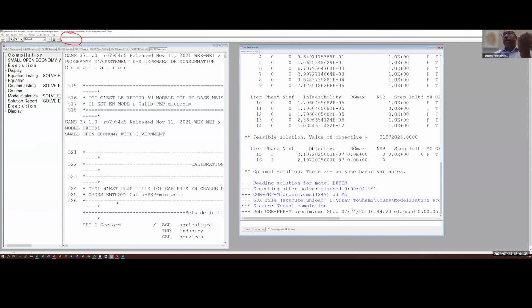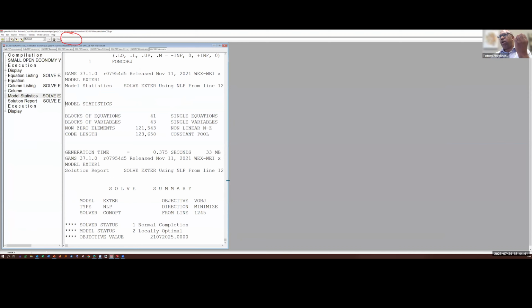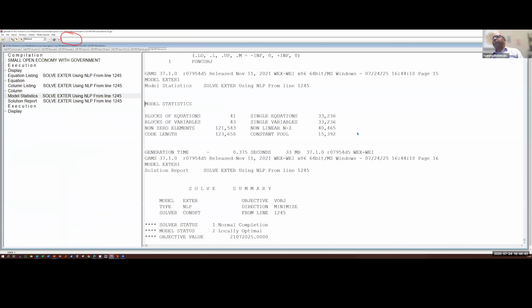But now, if we go and look at the statistics of the model, look. Shahir and Dorothy also told you that we cannot solve a model if it is not a square model.